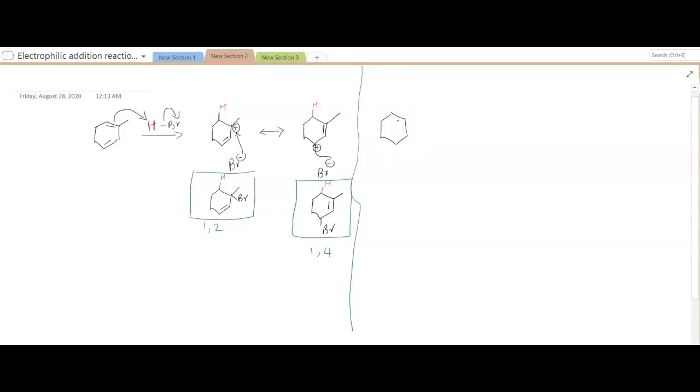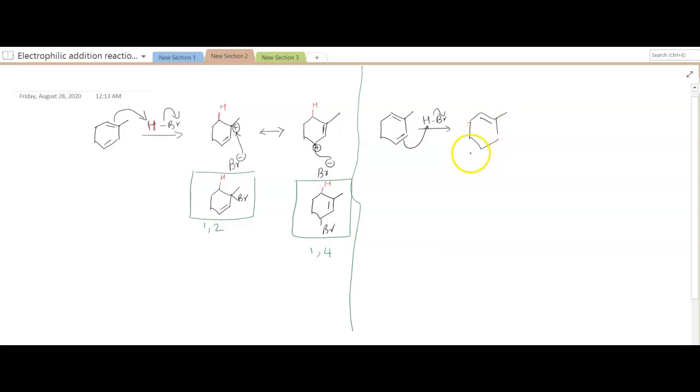Now let's look at the other scenario where we have the double bond over here intact, but the attack happens using this double bond. So we have the carbocation formed. We have this intact, nothing happened to that.